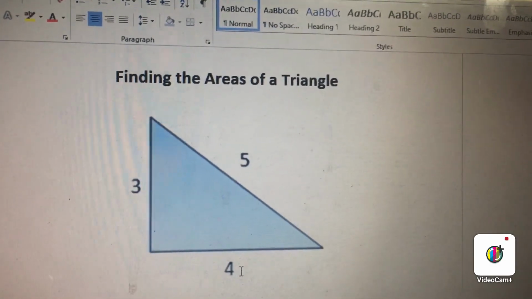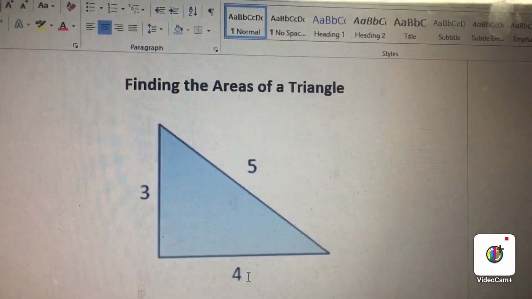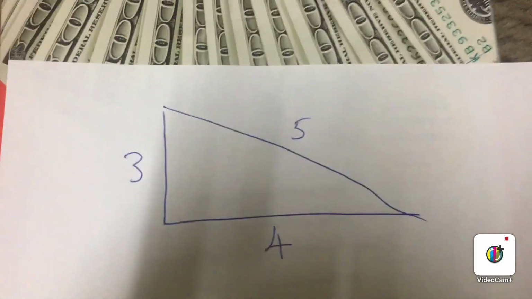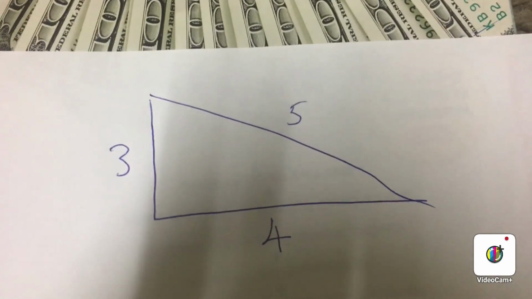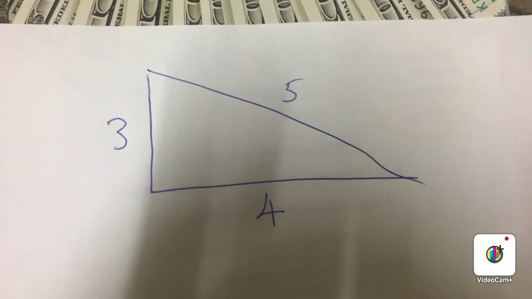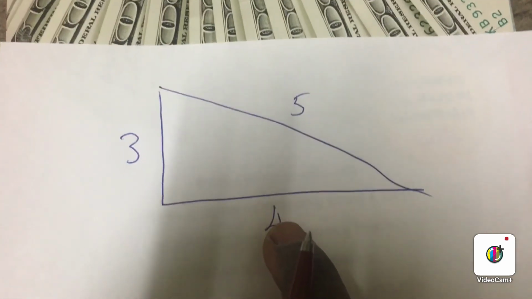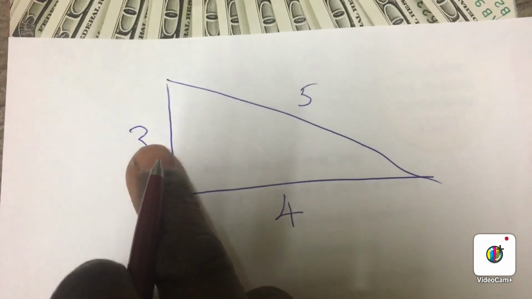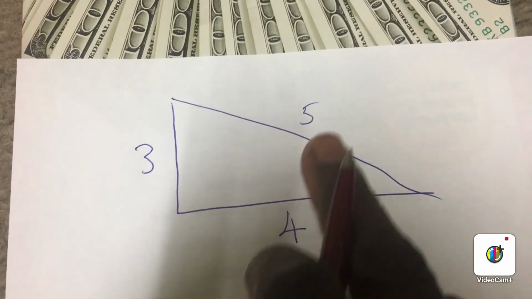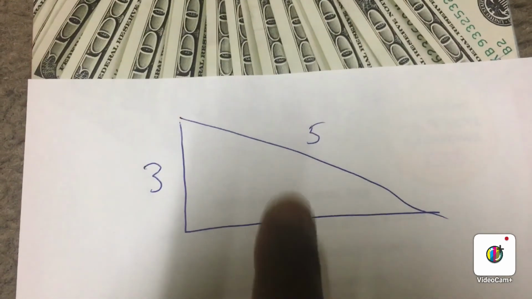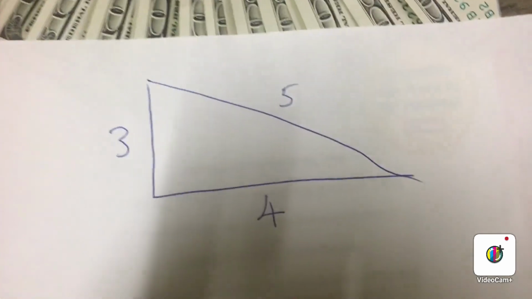So I'm going to do this on paper. I have drawn the triangle on a piece of paper. You can see the sides, the adjacent side, the height, the base, and the hypotenuse. We need these 2 sides to find the area.